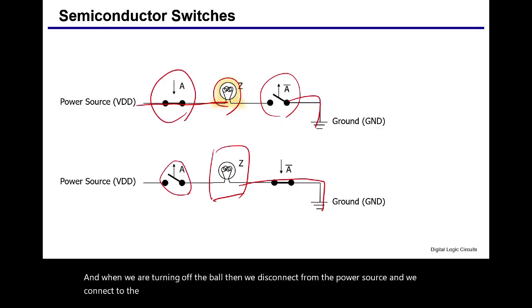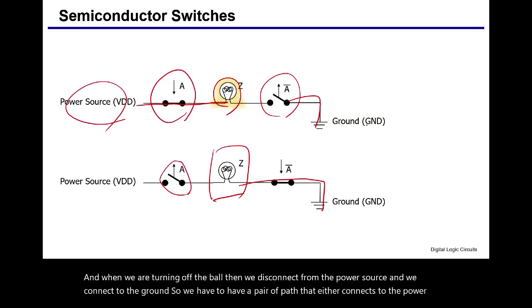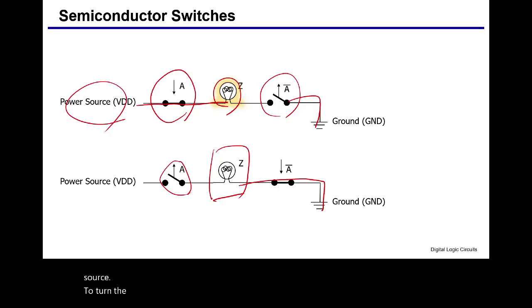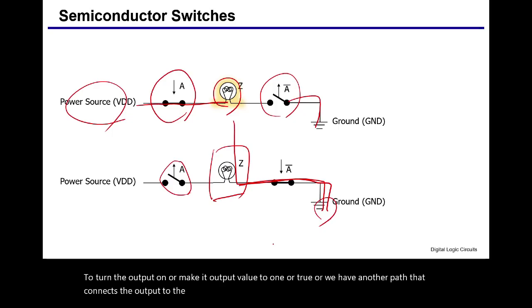So we have to have a pair of paths: one that connects to the power source to turn the output on, or make the output value 1 or true, and another path that connects the output to the ground when we want to put 0 to the output.